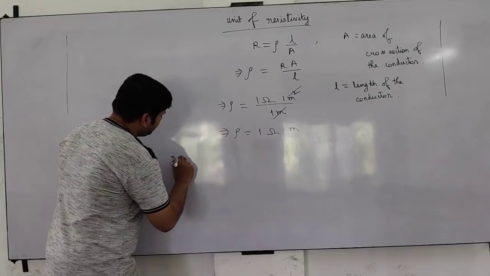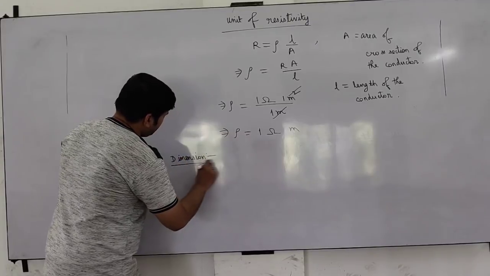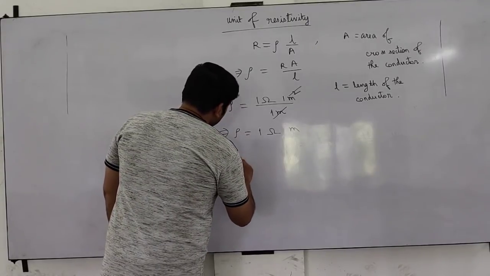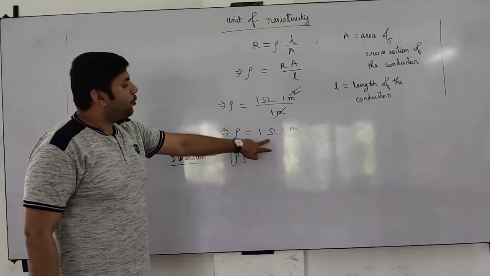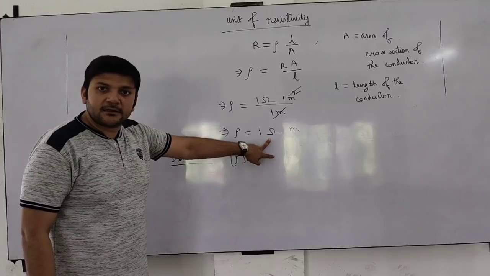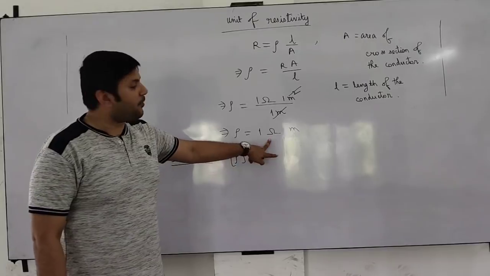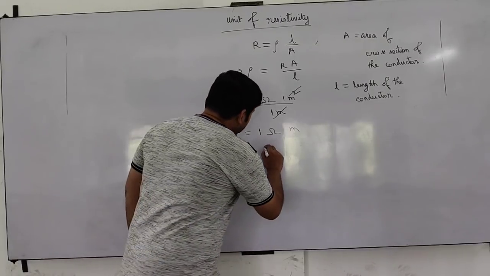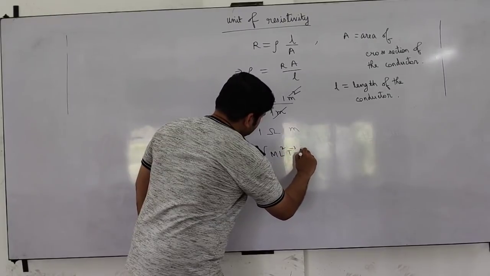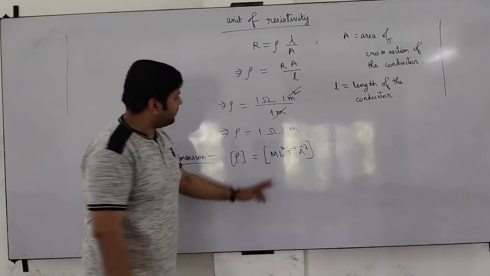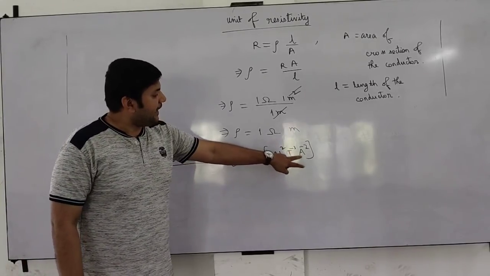Dimension formula. You see the dimension of resistance. This is ohm. Ohm is the resistance. We know the dimension of resistance: M L square T to the minus 3 A to the minus 2.